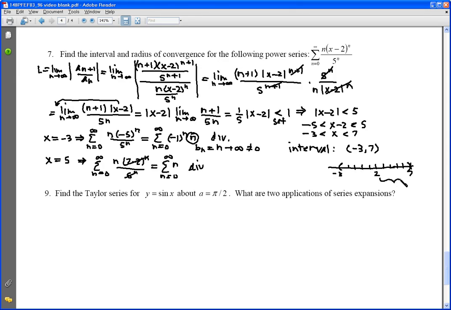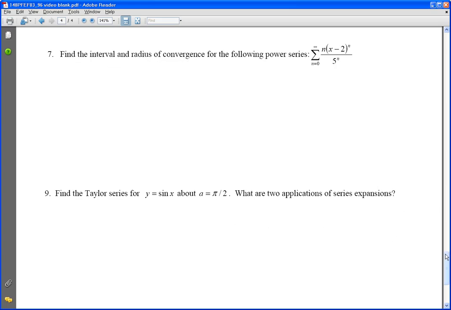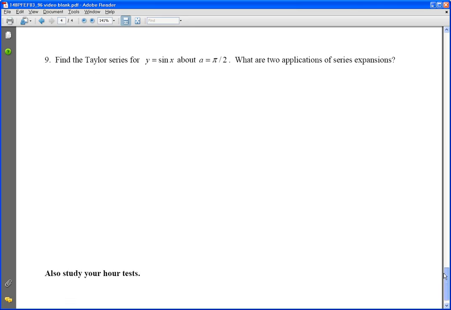So your radius of convergence is 5, which is the distance between 2 and 7, or between negative 3 and 2. So your R equals 5, because this is 10 units wide, and so the radius is 5. So there's interval and radius of convergence. Okay, and then the last one, find a Taylor series.